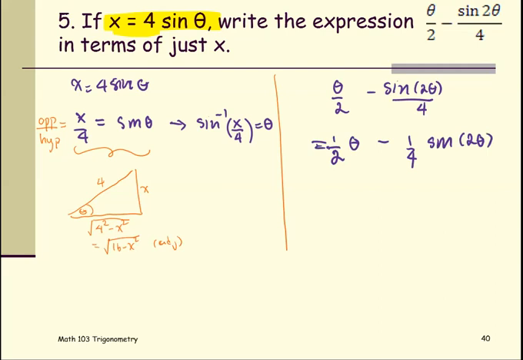The sine of 2 theta, or the sine of the double angle, is equivalent to 2 times sine theta times cosine theta.